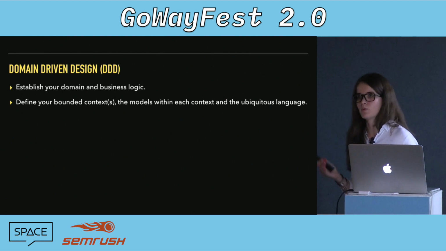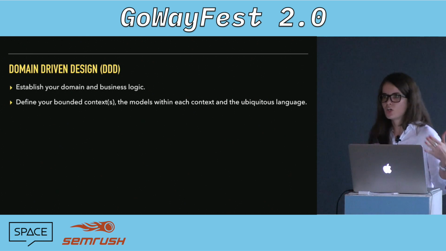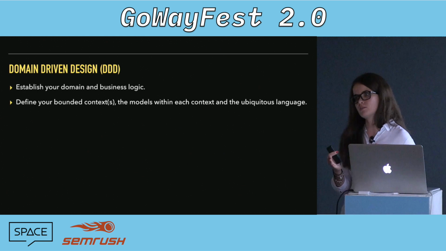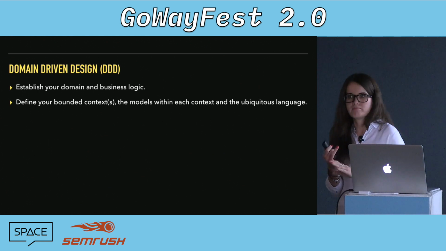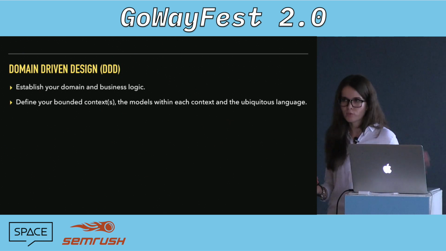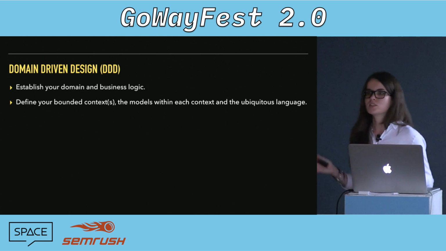So to give you an example, if you think about a user as an entity, if you take the context of somebody working in the sales department, a user might have attributes like the lead time or the cost of acquisition. But if you spoke to somebody from the support department, they probably won't care about the cost of acquisition of the user, but they will probably care about things like the average response time or the number of tickets submitted. So those are the two different contexts.